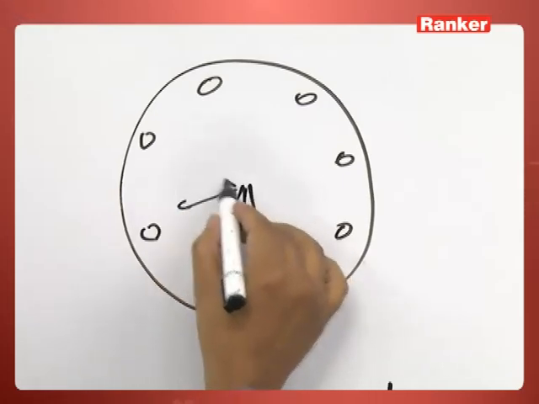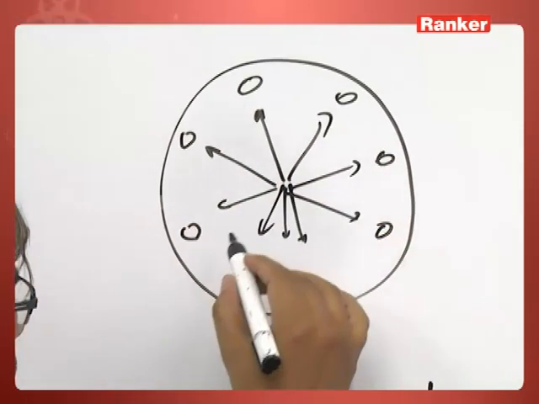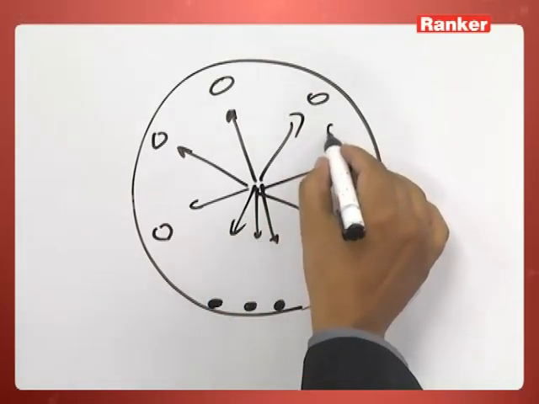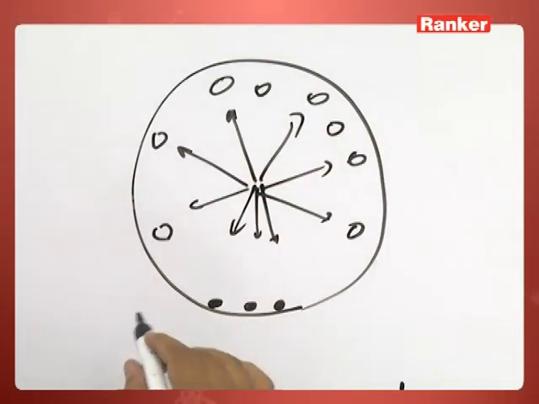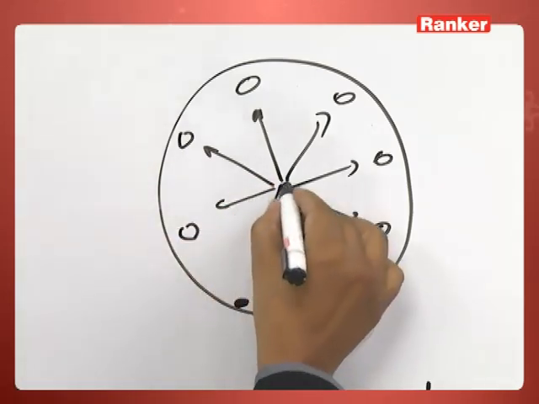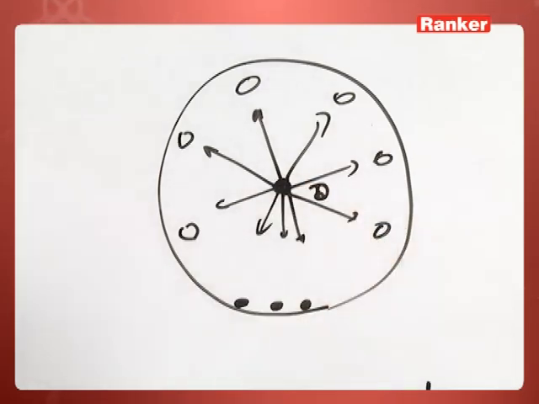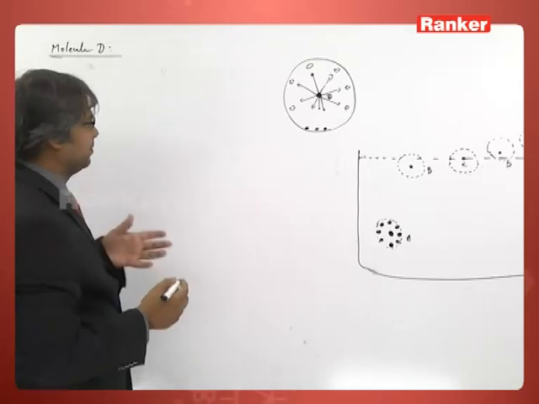They are more here, and so we can't exactly tell in which direction the resultant on D can be.